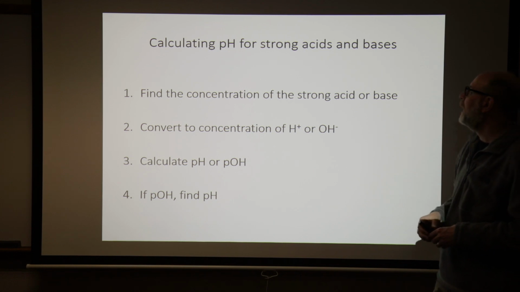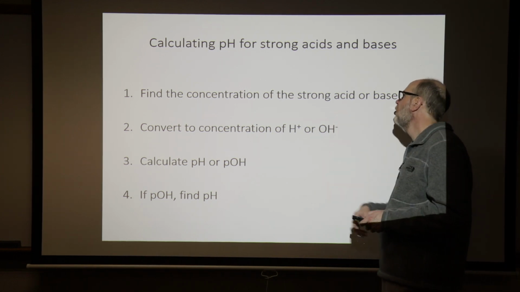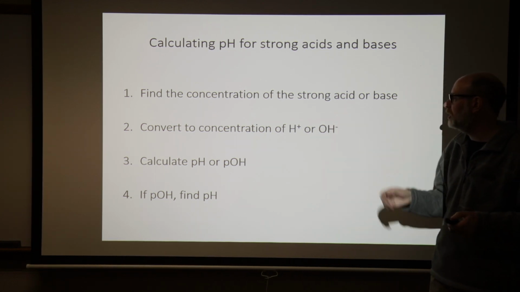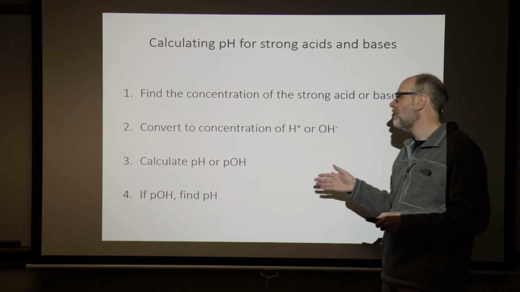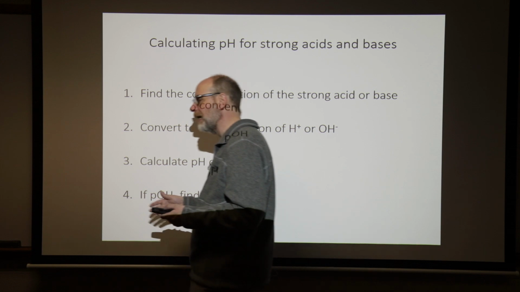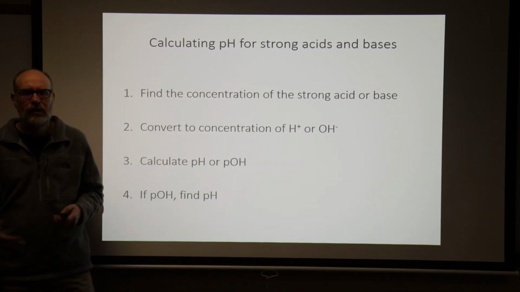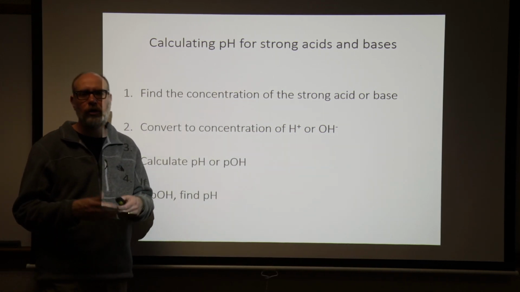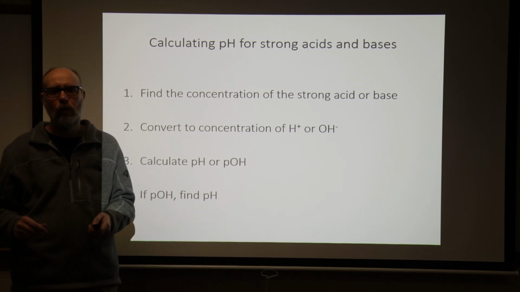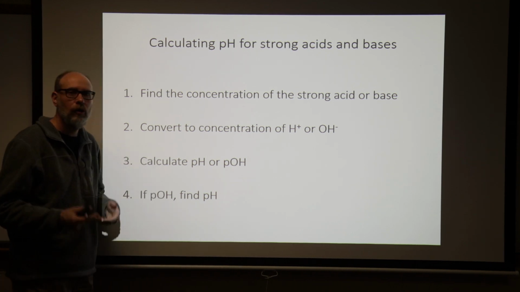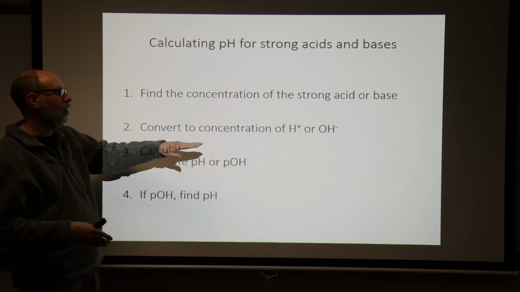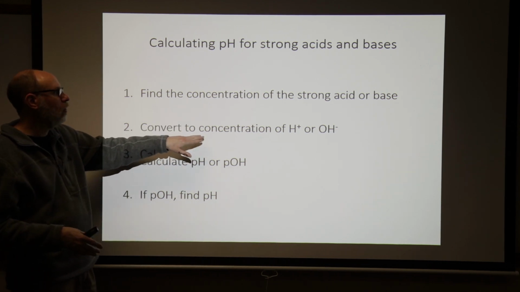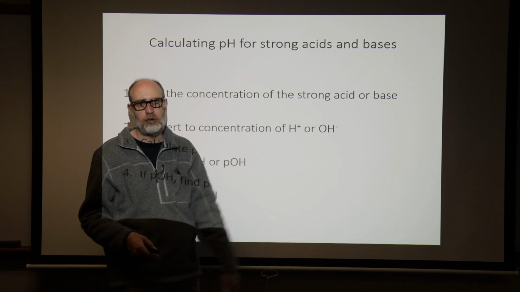Now, for strong acid and base solutions, number 1, we have to find out what the concentration of the strong acid or the strong base will be. In most cases, we're going to be given what that is. So you're going to be told, you have a solution of 0.1 molar hydrochloric acid, what's the pH? So we're going to have to take that concentration of the strong acid or the strong base, convert that to the concentration of H plus or OH minus.